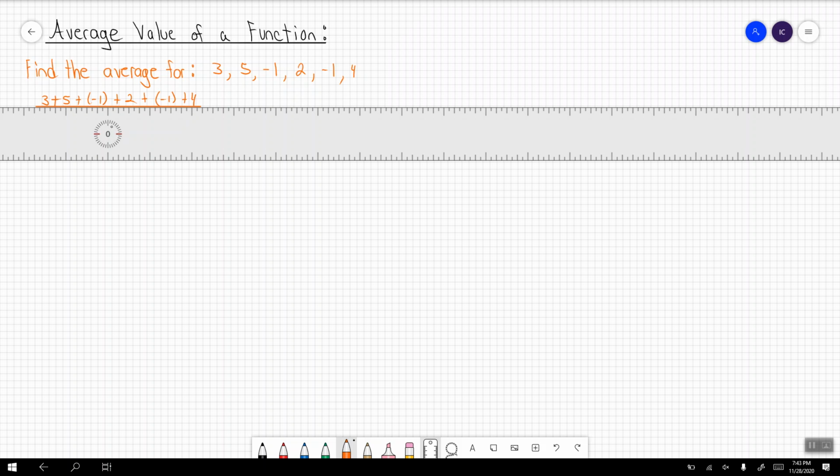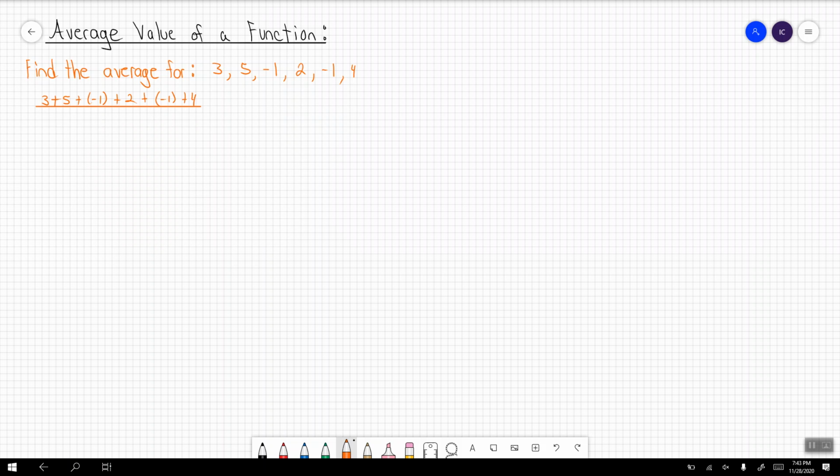In this particular instance, we have a data set that contains 6 different numbers, so we divide by 6. When you take 3 plus 5 plus -1 plus 2 plus -1 plus 4, we get 12. And so here we get 12 divided by 6, which gets us an average of 2.